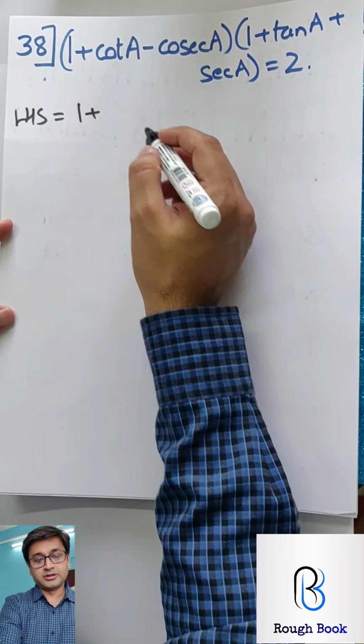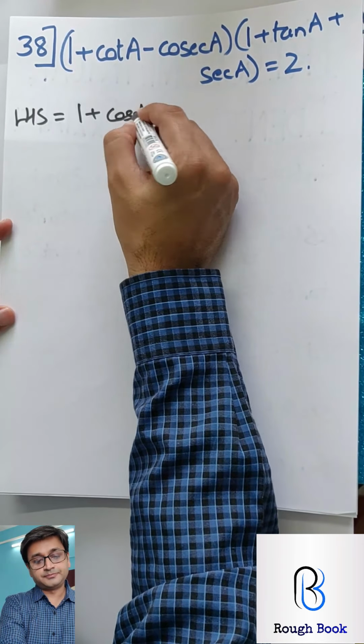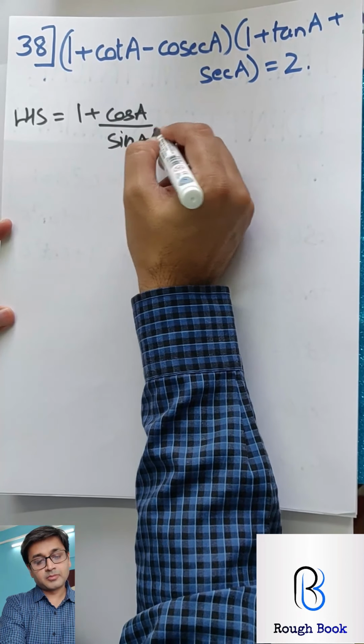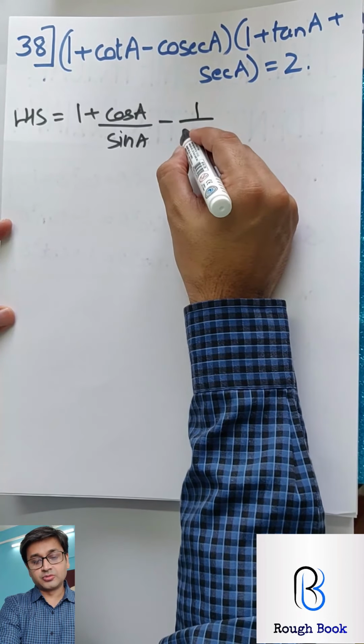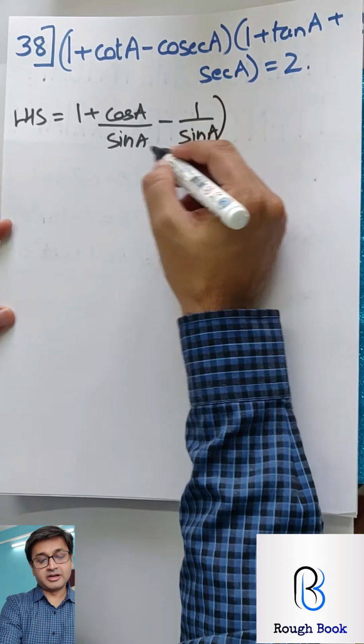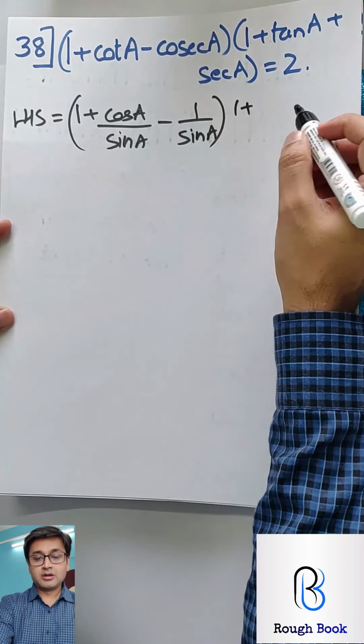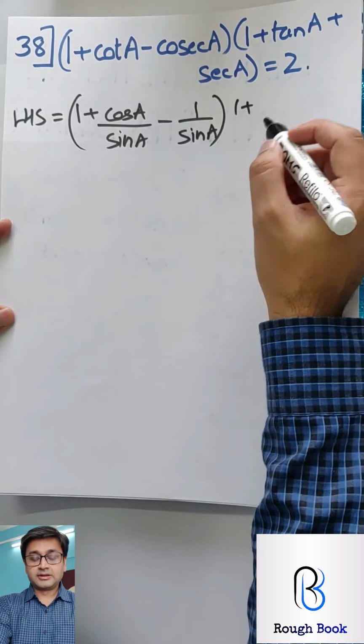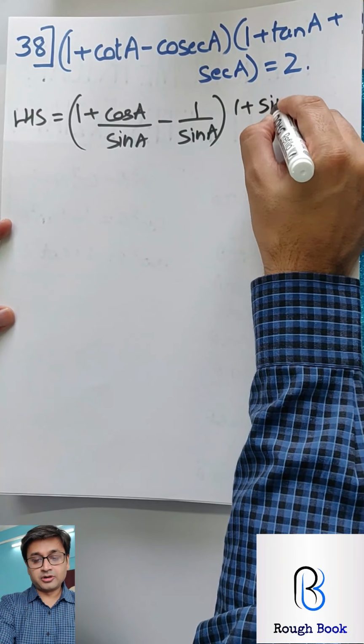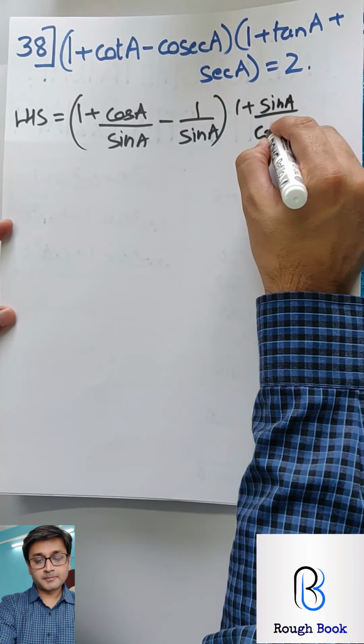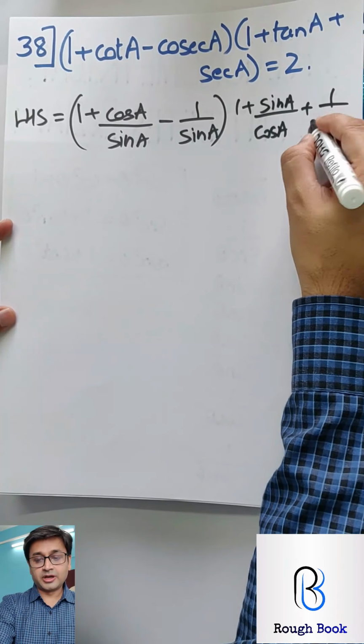So 1 plus cot. Cot is cos upon sine, minus cosec. Cosec is 1 upon sine. By now at least this much should be by heart to us. Tan is sine upon cos and sec is 1 upon cos.